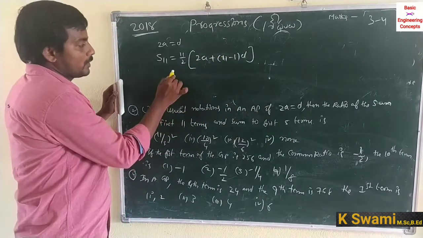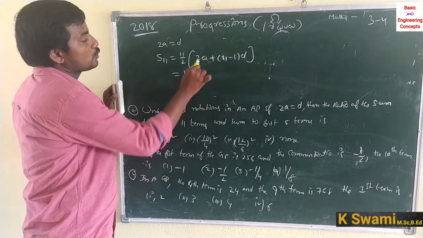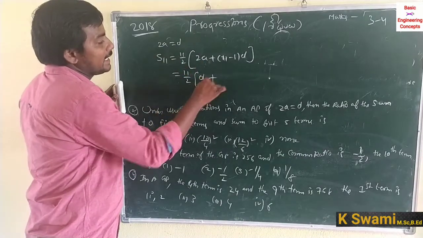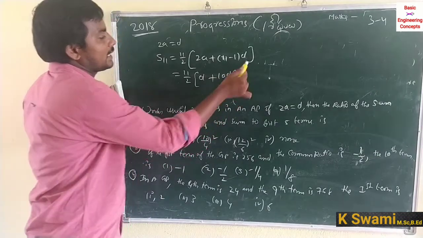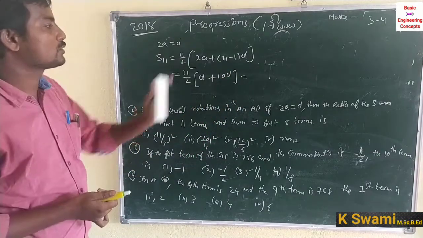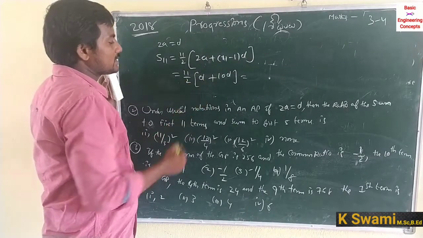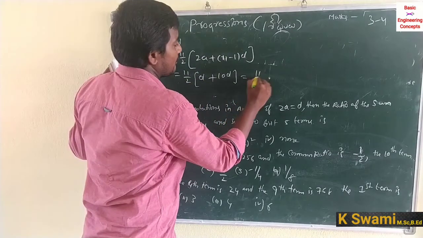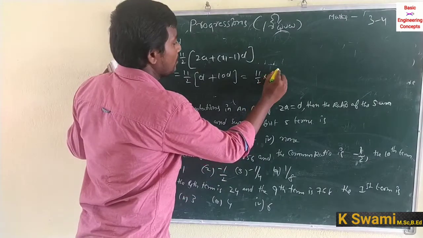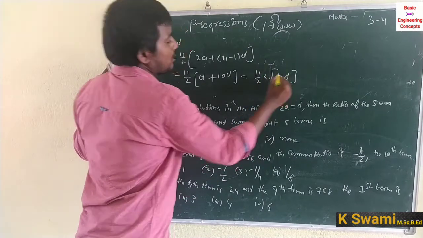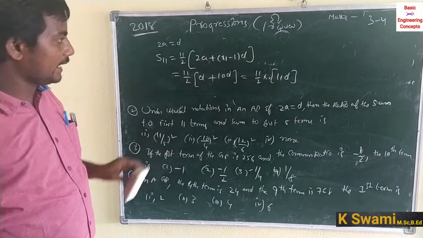So 11 by 2 into 2A, which is equal to D, plus 11 minus 1, 10D. 11 minus 1 is equal to 10. So 10D plus D, 11D. So 11 by 2 into 11D. Okay, it's clear.